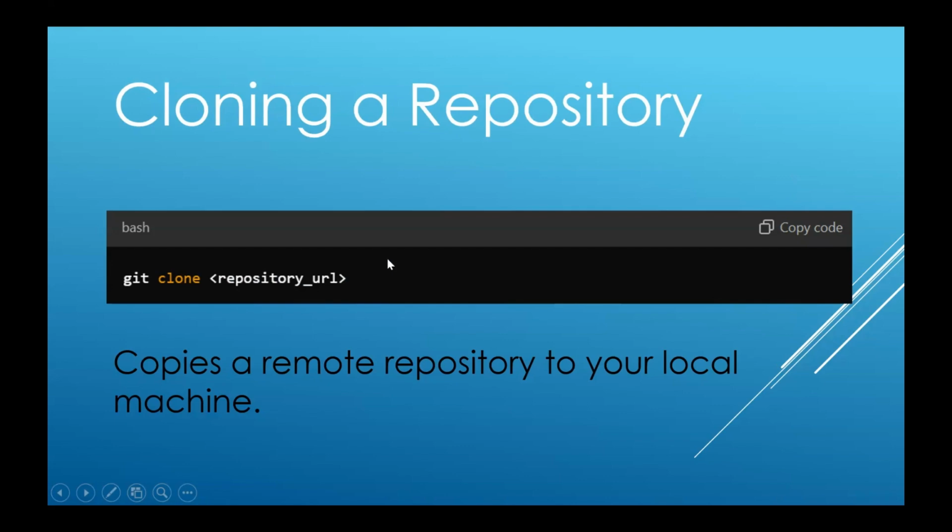If you have GitHub or Azure DevOps, you can go to the repository and click on the clone URL. You can copy that clone URL and run this command inside your machine or command prompt, or even Visual Studio or Visual Studio Code as well. This will clone the repository inside your local.